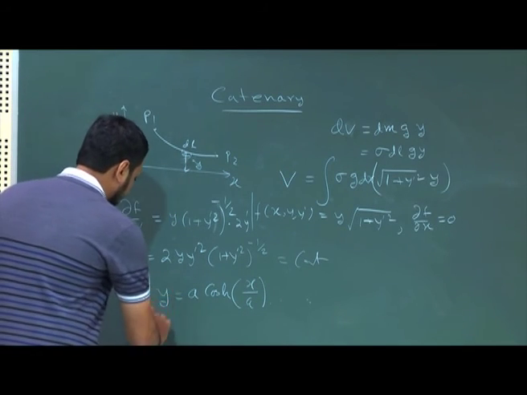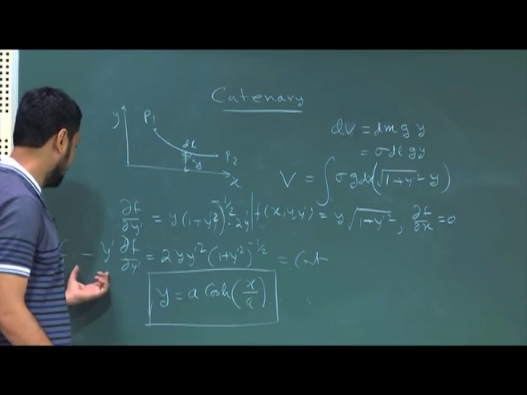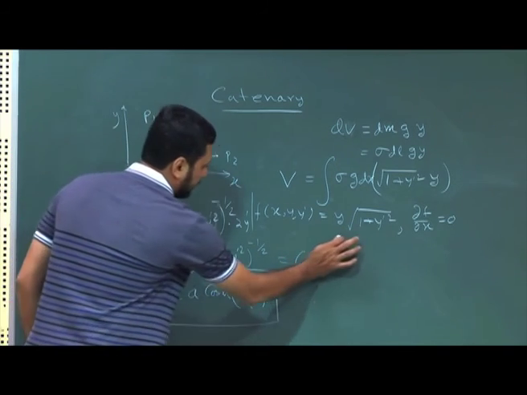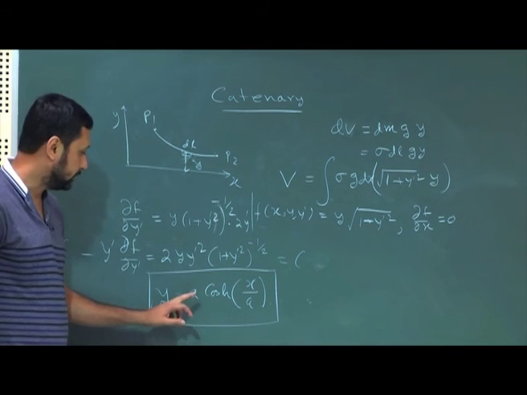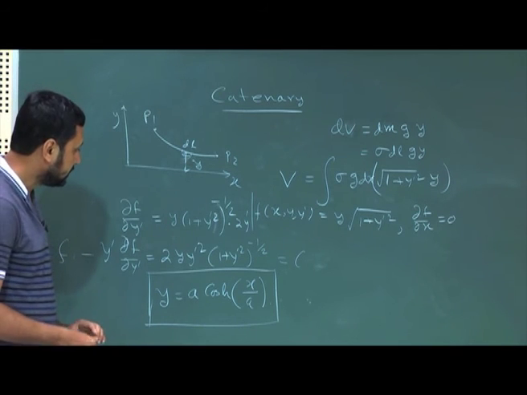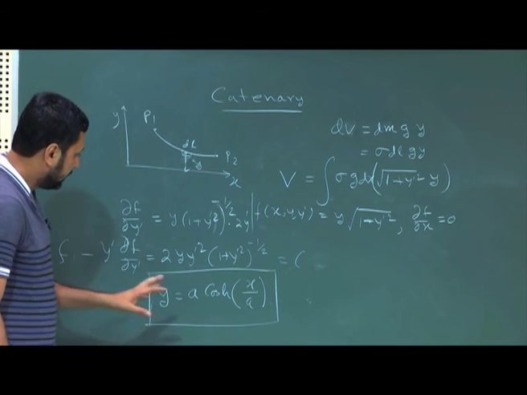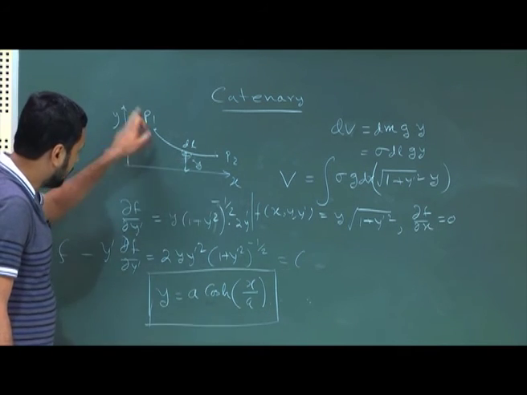This will be the final answer if you set up the differential equation from this relation, taking this side as a constant c. Here a is a constant which you can evaluate, that is not a problem. Now, this is the equation of a hyperbolic cosine curve, which this curve will follow.